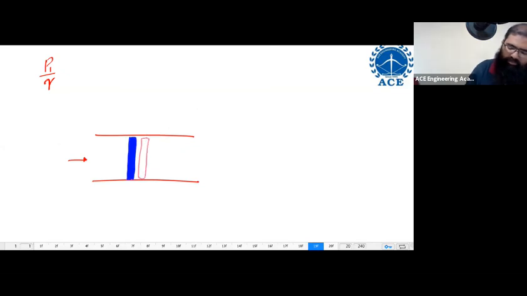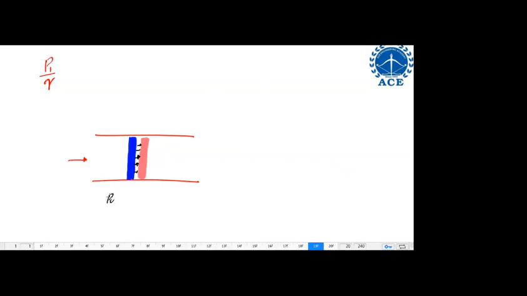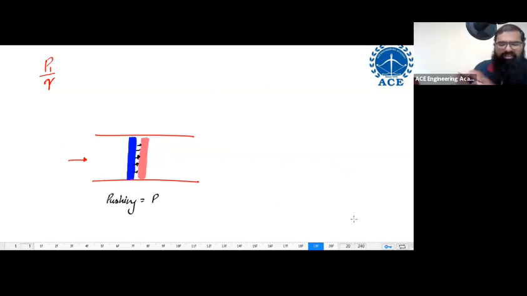Now this blue section is pushing the other section. Whatever he is pushing with, that is called static pressure. He's basically saying you keep moving, I also want to move. He's trying to drive the flow. That is called your static pressure. Till here everything is clear?